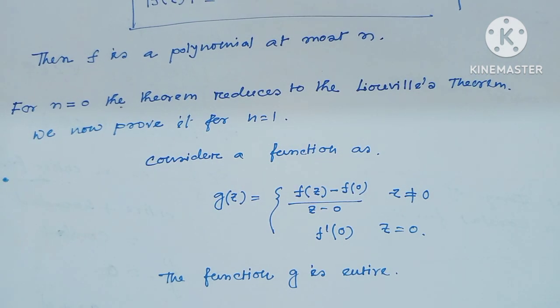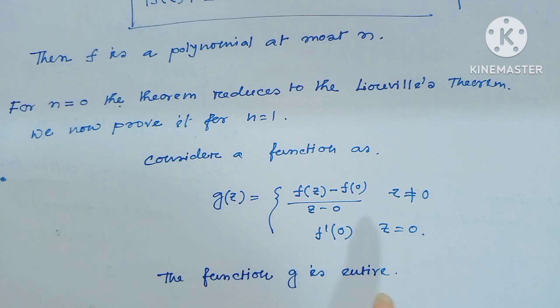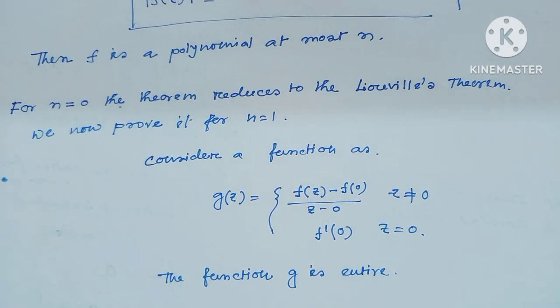So, (f(z) minus f(0)) over (z minus 0) means f(z) over z. Obviously, this function is entire because f is entire, and when the limit of z tends to 0, this value would be f prime of 0. So, obviously, the whole g is an entire function.